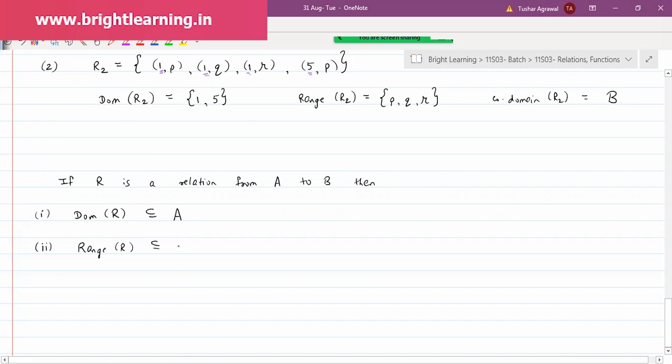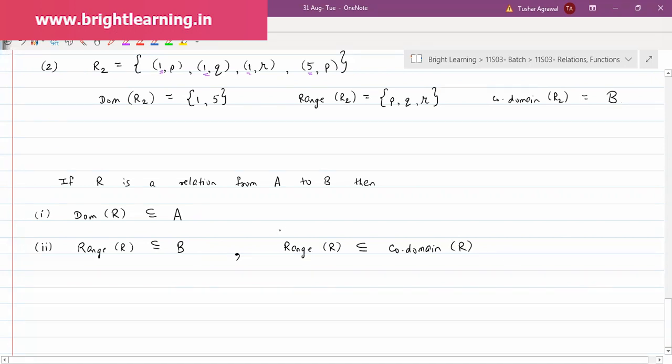The range of R is a subset of set B. It may be equal to the complete set B also, but even then we can say that B is a subset of B. So the range of R will be a subset of the second set, that is set B. Equivalently, I can also say the range of any relation R is always a subset of the codomain of that relation.